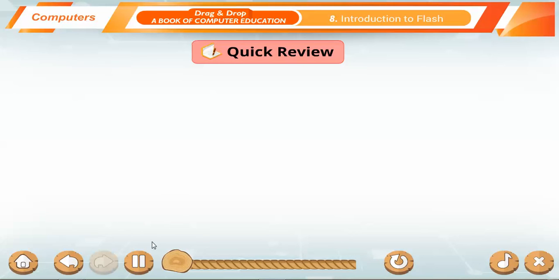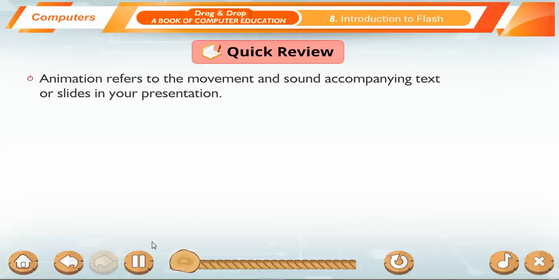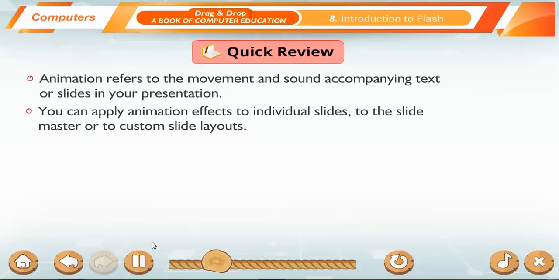Quick review. Animation refers to the movement and sound accompanying text or slides in your presentation. You can apply animation effects to individual slides, to the slide master, or to custom slide layouts.